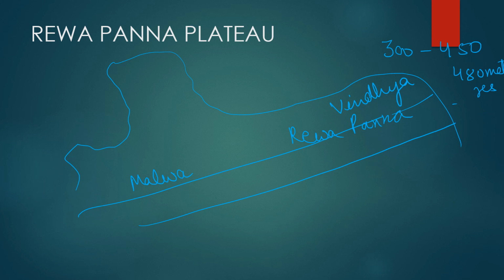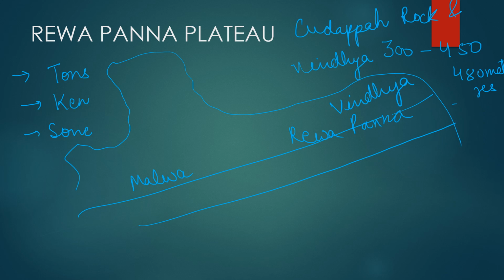We can see the major rivers crossing this. The major rivers are Tons, Ken. Ken is also a very famous river crossing this region. Son also crosses this region. These are the major river systems present here. The rock system, as Vindhyas are there, Vindhyas scraplands are there. Cuddapah rock system and Vindhyan rock group are also there.